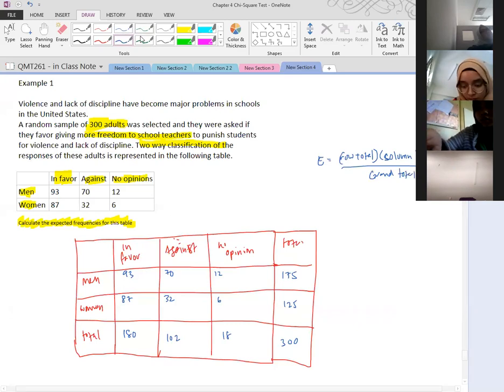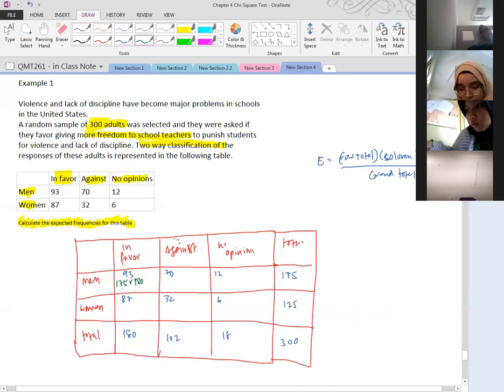So if you want to find for men in favor, row total is 175 multiply with column total is 180 divide by 300.